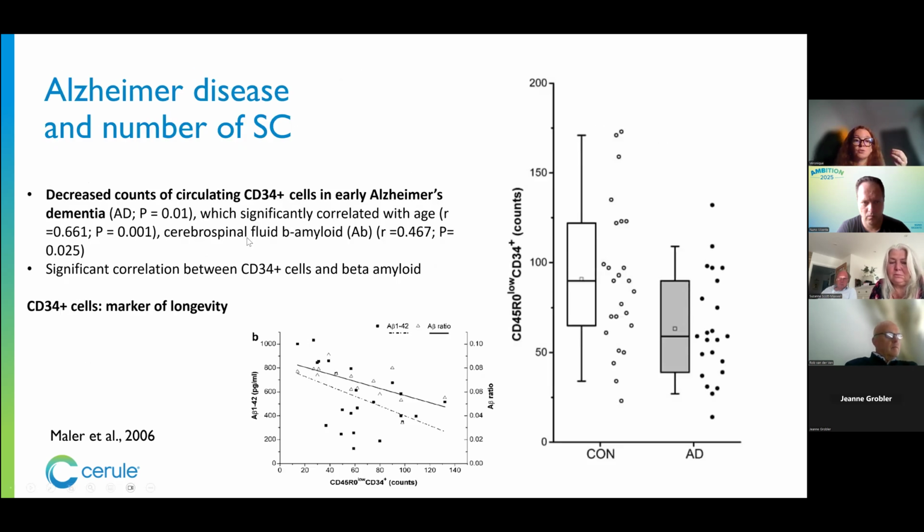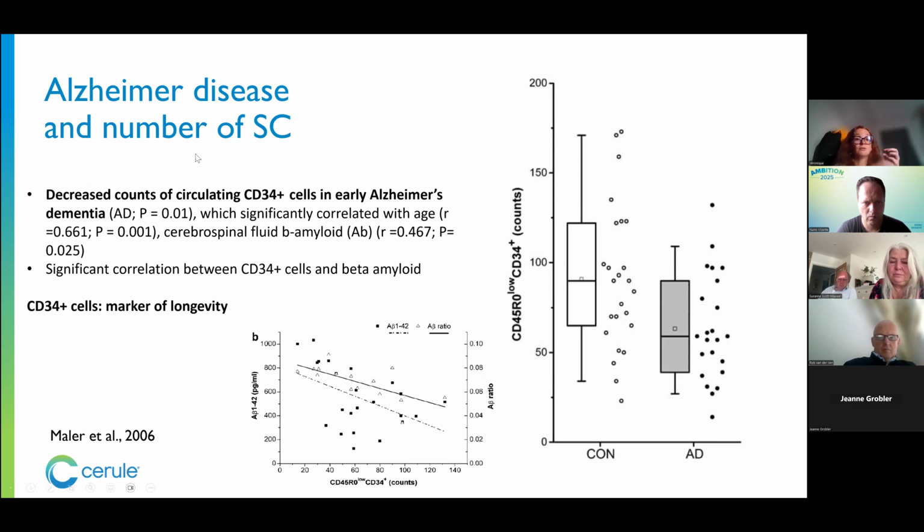The first thing that is really interesting is that in Alzheimer patients, especially in early Alzheimer dementia, we have a decreased number of stem cells in circulation. That suggests an impaired capacity of repair and regeneration.